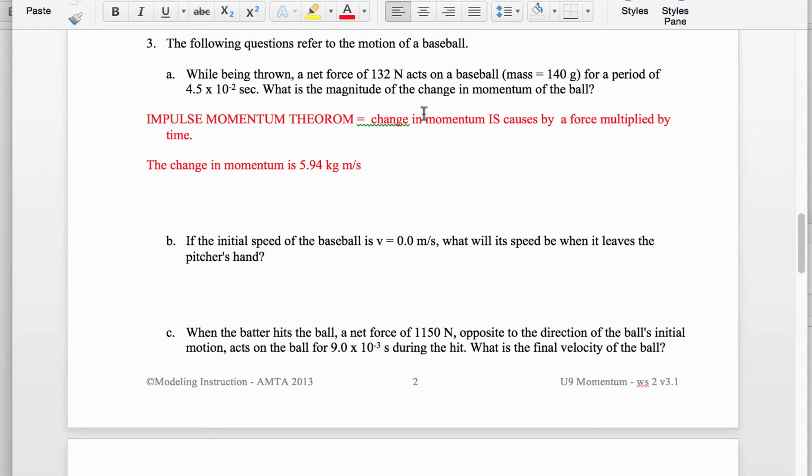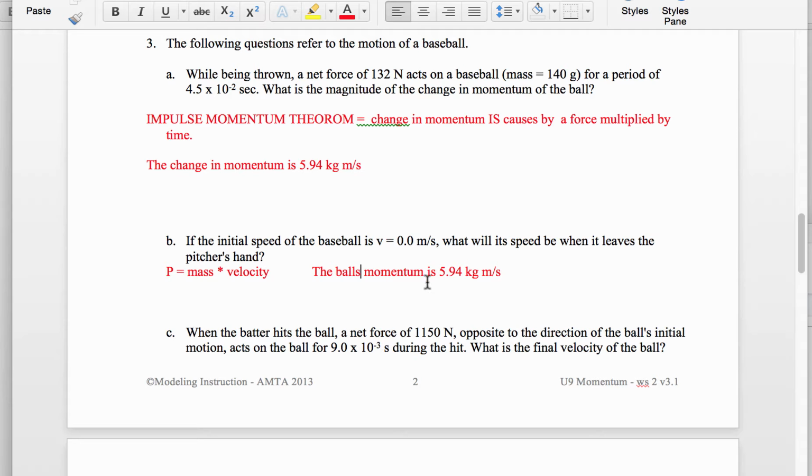Well, here we need to just define what is momentum. Momentum, P, is mass times velocity. Now, we know the change in momentum. In this case it started at 0, so if the change was 5.94, the ball's momentum is 5.94 kilogram meters per second.